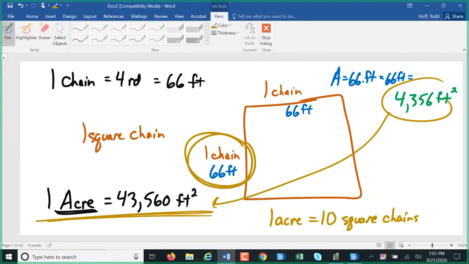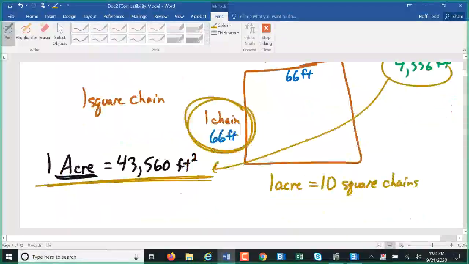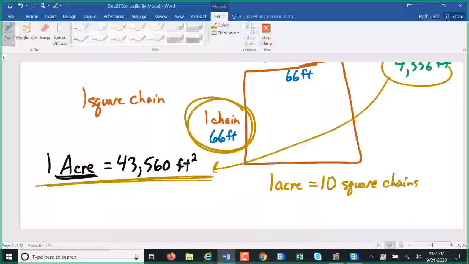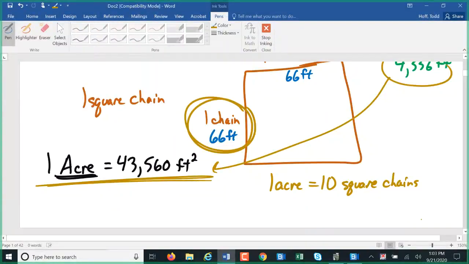So an acre was generally a strip of land that was 1 chain by 10 chains. But in our modern society, when we've gone to larger units, there was very few things that were 1 acre or smaller. Almost everything was at least 40 acres. So pretty much a 40 is 20 chains by 20 chains.